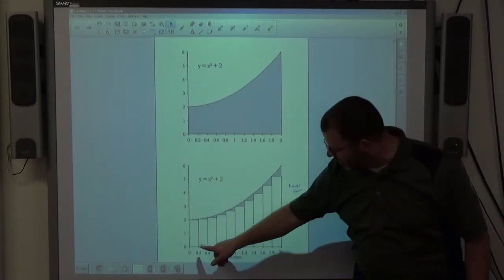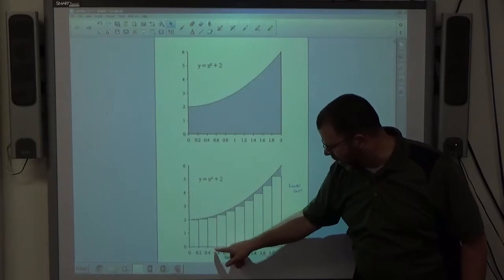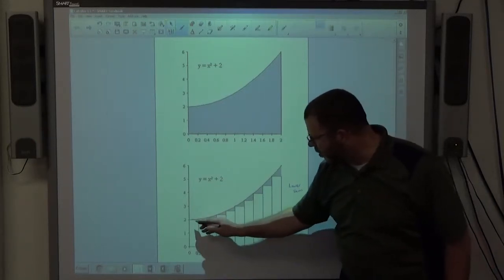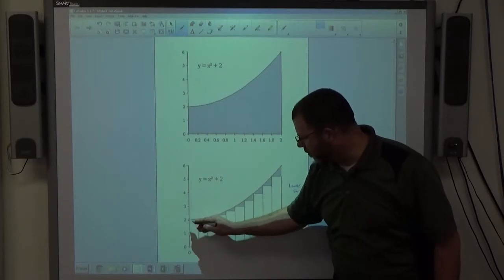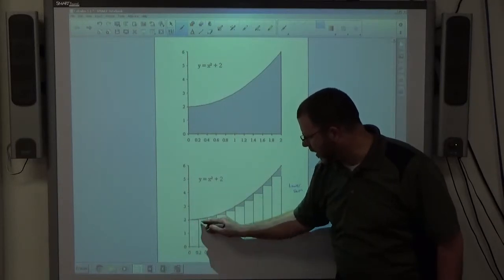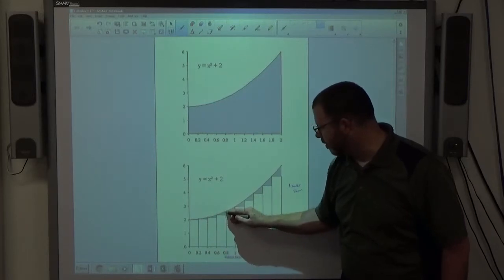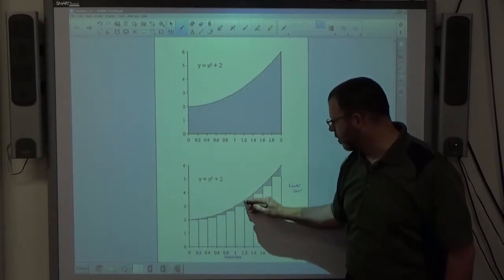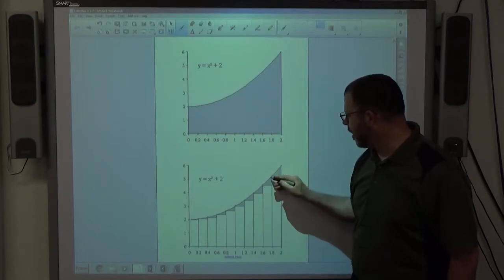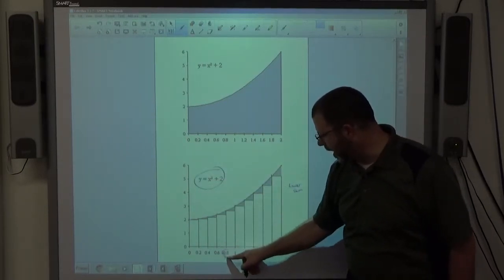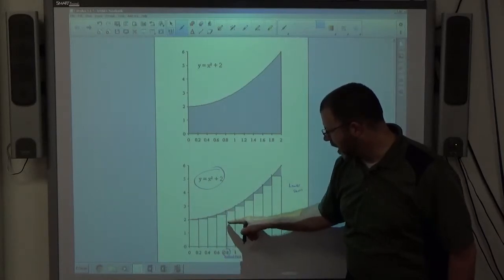What we do is we cordon off equal widths for the rectangles, and then we go up to the lower point. So this rectangle, that's the height, this rectangle, that's the height, and that's the height, and that's the height. And each of the points where the height is rests on the curve itself. So the function y equals x squared plus 2, if I evaluate x squared plus 2 at 0.8, that represents the height of this rectangle.